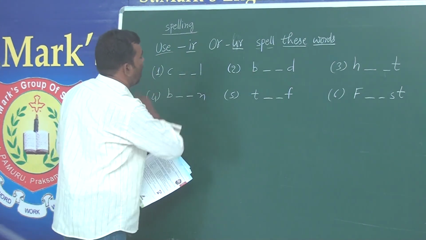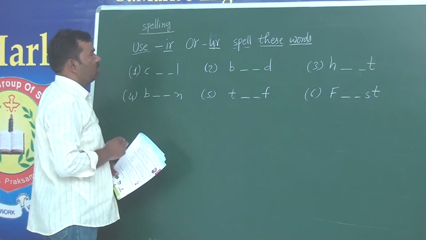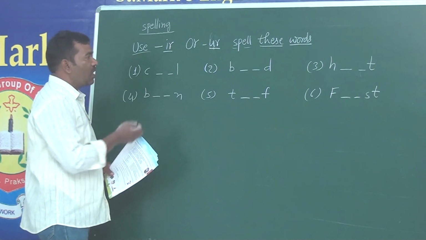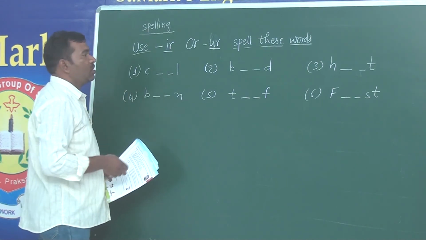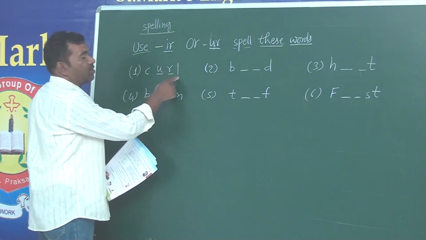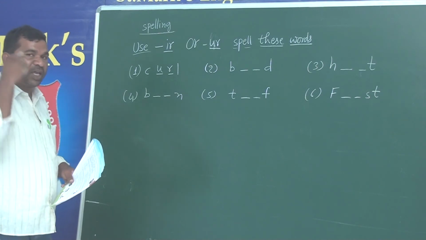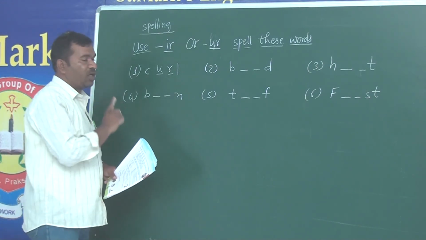C dash dash L. Which letters do you think will provide meaning? That is UR. Curl. Understand? Curl is what you call ringing hair. Okay?